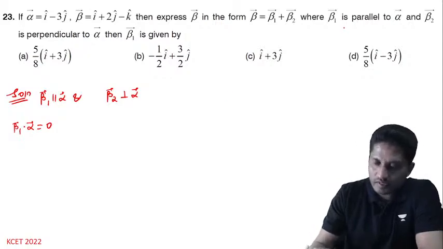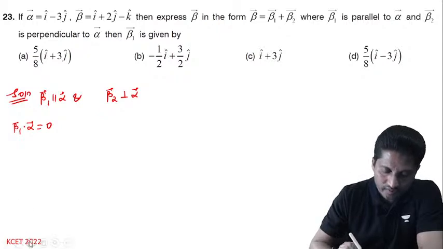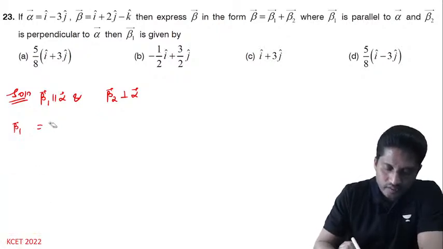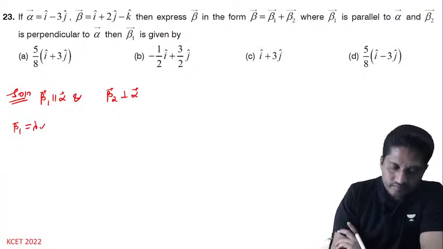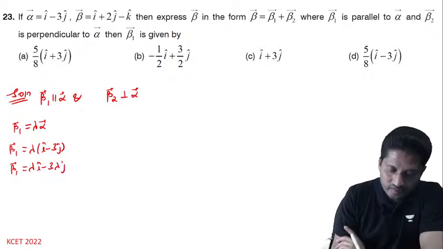Beta 1 is parallel to alpha means one vector is equal to lambda times the other vector. So beta 1 is equal to lambda times alpha, which is i minus 3j. So beta 1 is equal to lambda i minus 3 lambda into j.